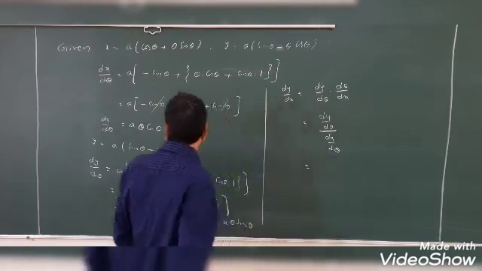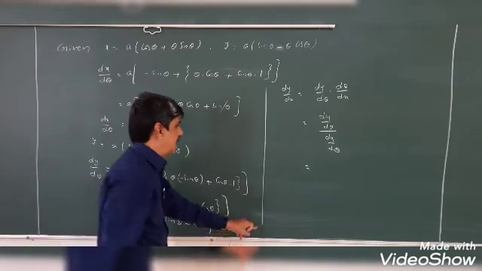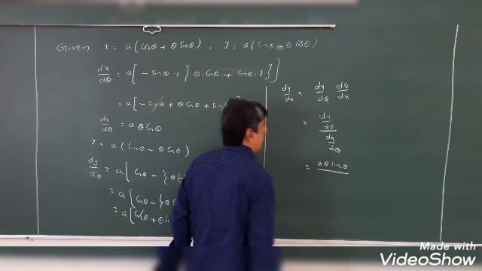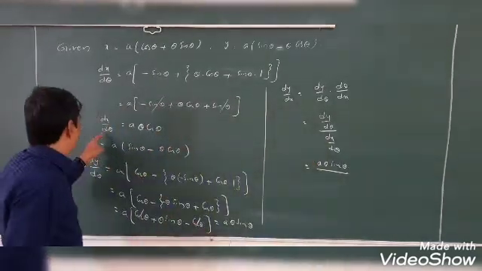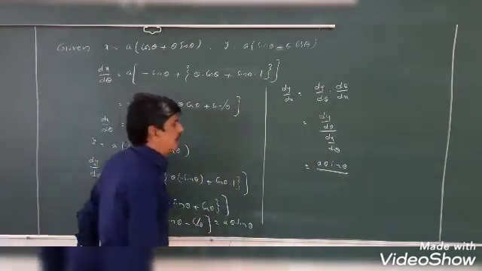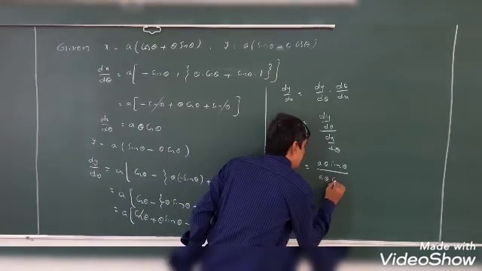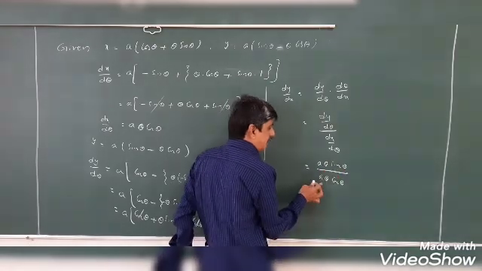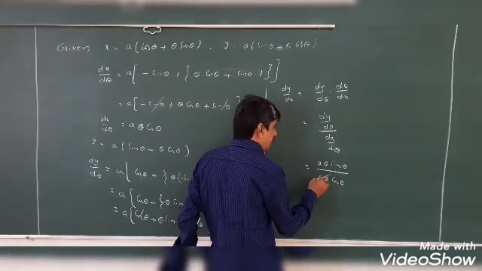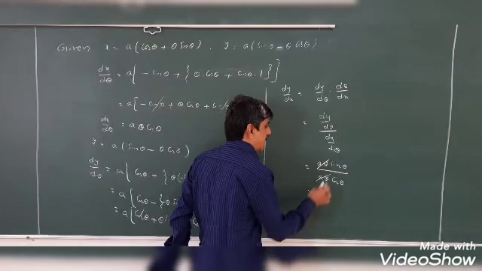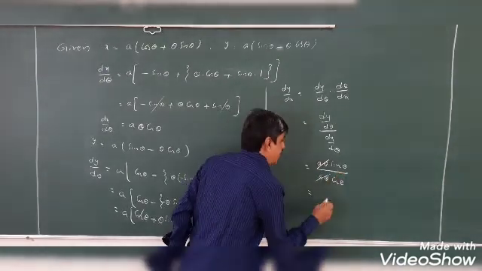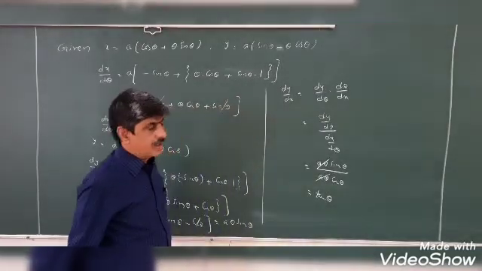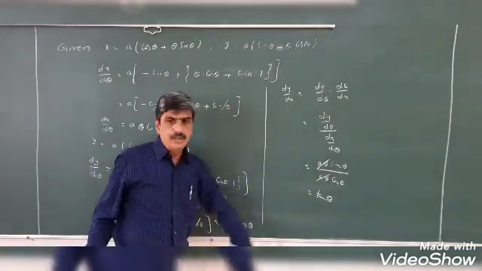So dy by d theta value is a theta sin theta, but dx by d theta is equal to a theta cos theta. So here a theta into sin theta, a theta into cos theta. Here a theta gets cancelled. Remaining is sin theta by cos theta, we will write it as tan theta. So dy by dx is equal to tan theta.